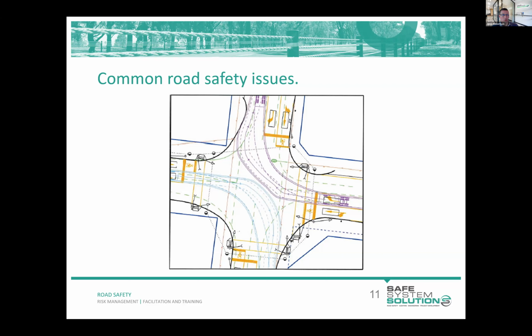If designed by the book, these turn paths should have been constructed on a single curve, single radius, in accordance with the requirements of the guide. And that would have seen this purple swept path continue further into the intersection, overlap the blue swept path, and not appear to avoid it with a 1 metre clearance, as has been shown there.